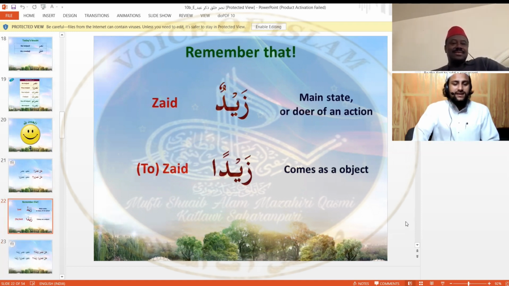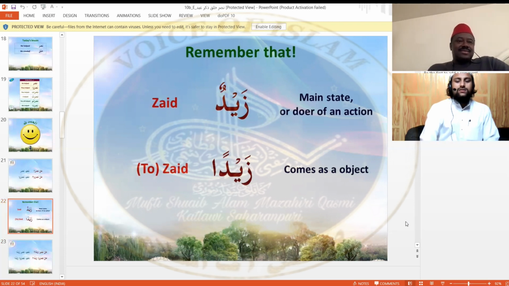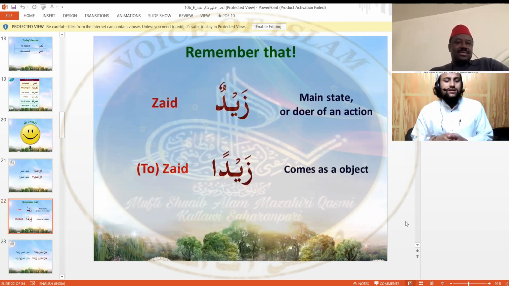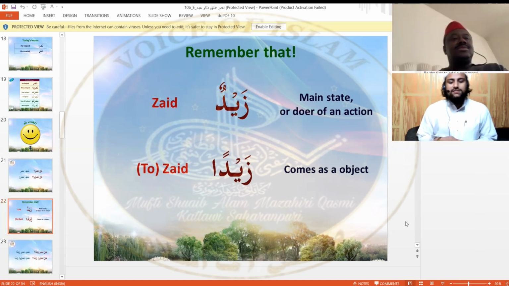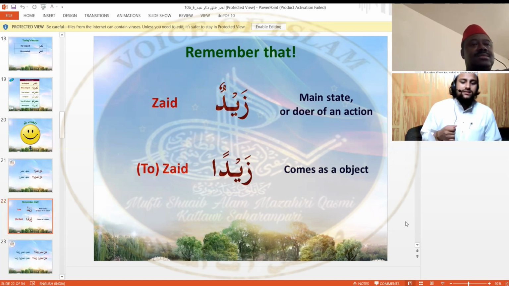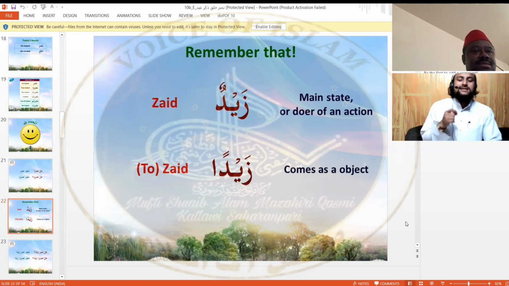So, remember that Zaidun, Zaid, is the main state or doer of an action. So Zaid comes as a subject and Zaidun comes as a doer. Zaidun is a doer of an action, with dhammatain at the end.